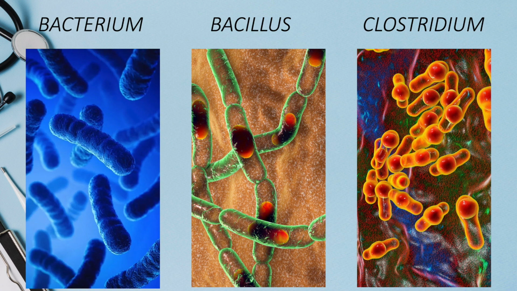This is a specific group of rod-shaped bacteria. We can have Bacillus, the most common pathogen being Bacillus anthracis, the pathogen that causes anthrax. This is also gram-positive, but already spore-forming, rod-shaped bacteria.